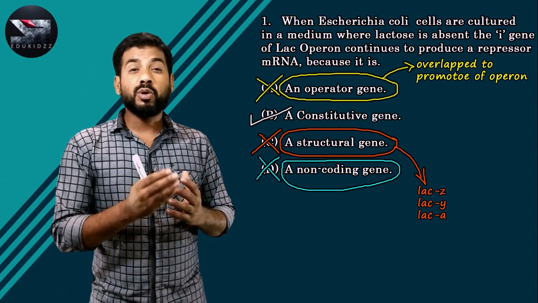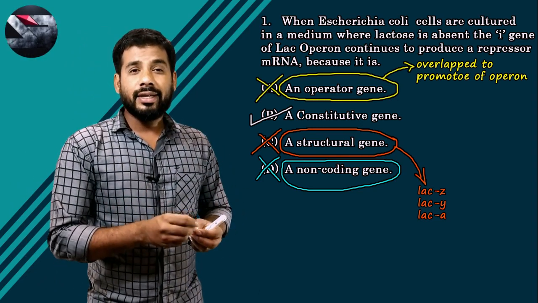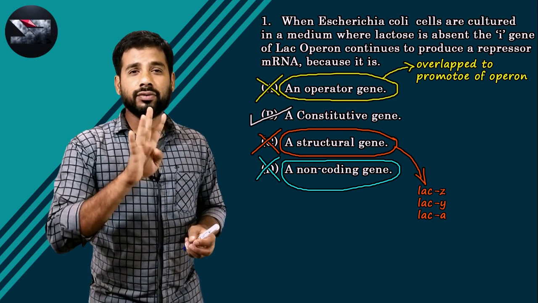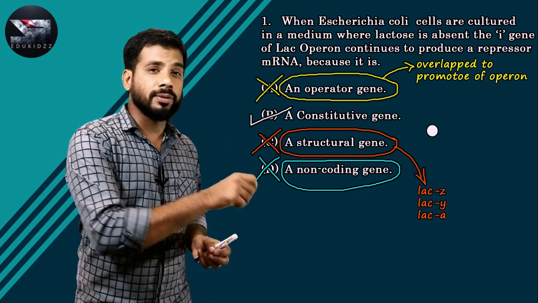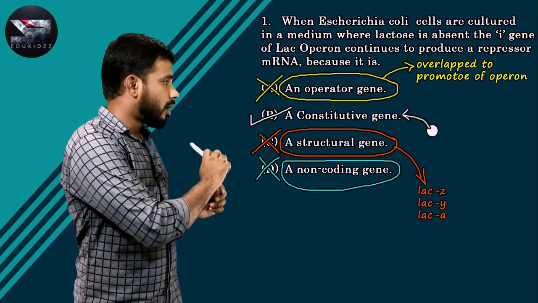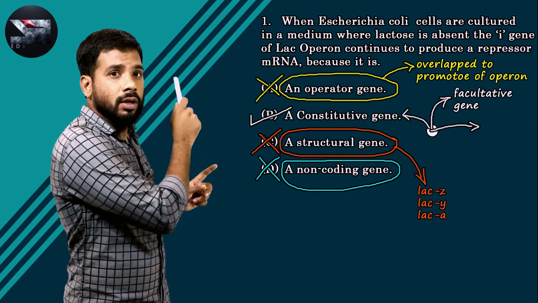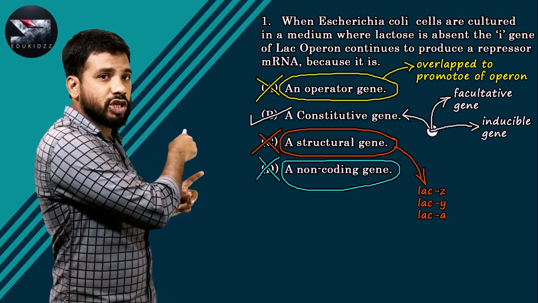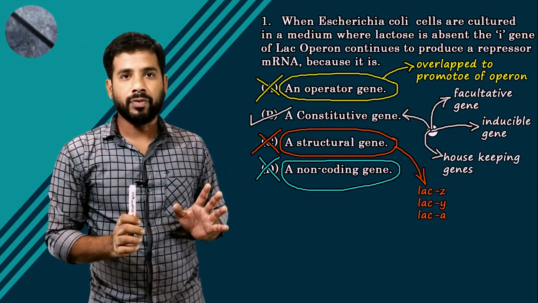Now let me explain what this constitutive gene is. Generally, genes are classified into 4 types based on their method of regulation. One is the constitutive gene, the second is the facultative gene, the third is the inducible gene, and the fourth is the housekeeping gene.